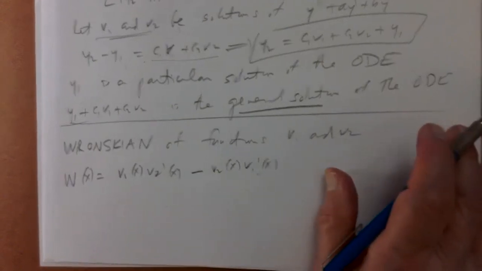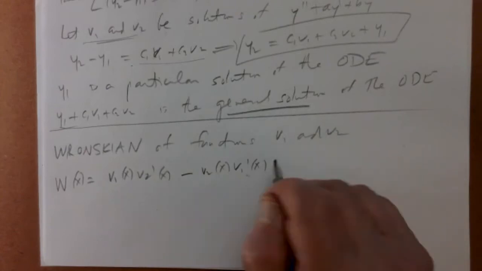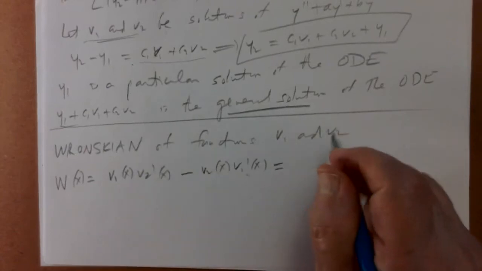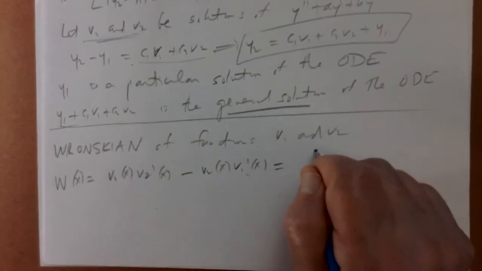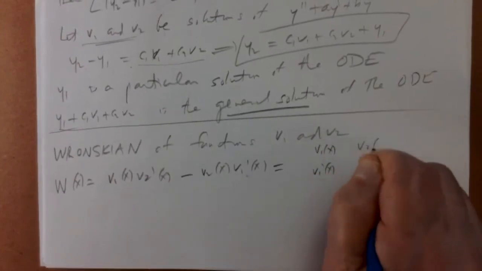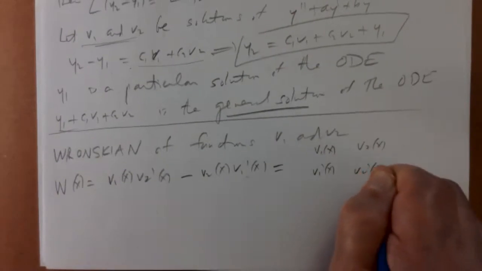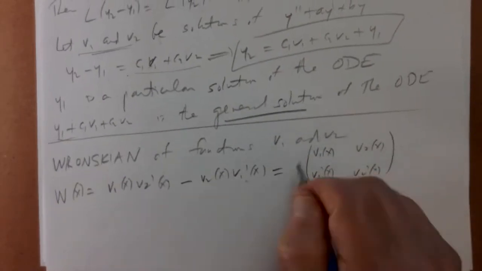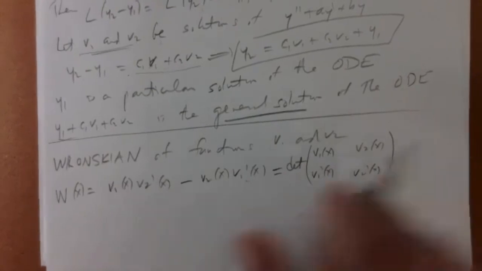And if you look at this expression, you might see that if you were to write down the 2 by 2 matrix, v1 of x, v1 prime of x, v2 of x, v2 prime of x, this is the determinant of this 2 by 2 matrix.